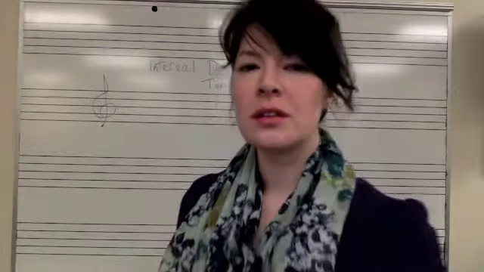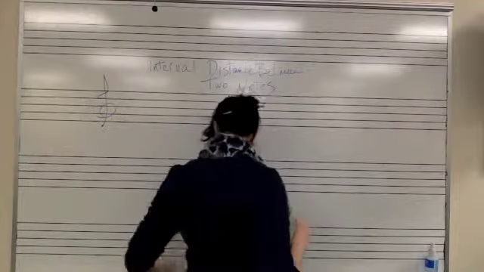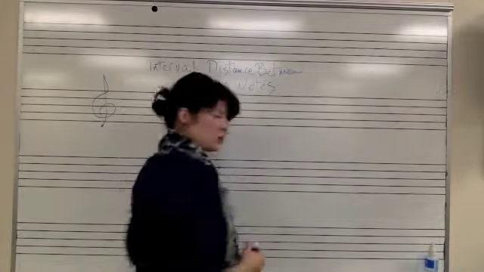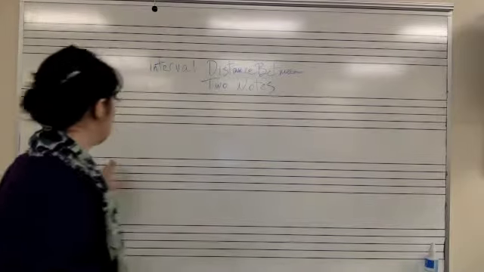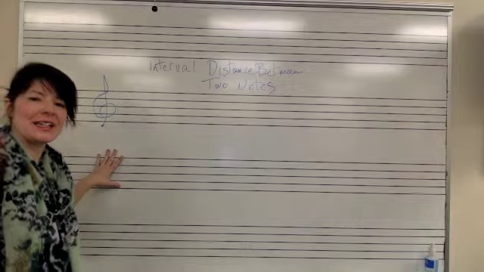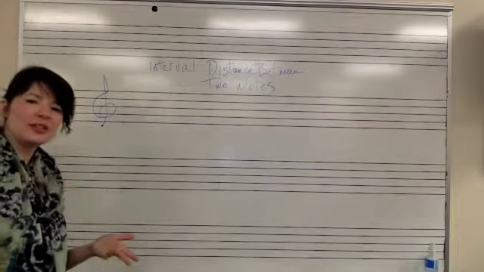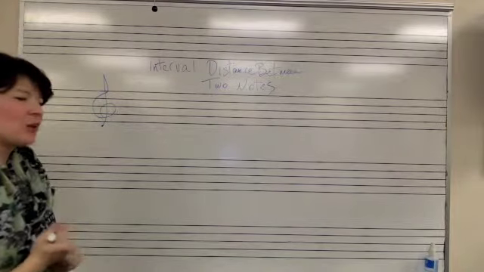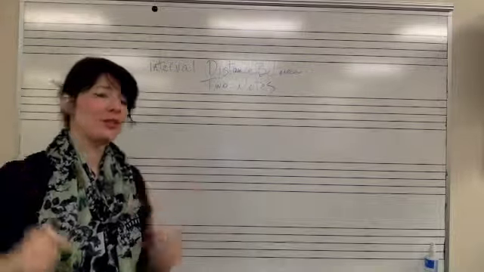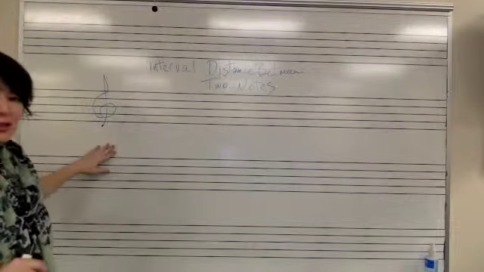Now we can add little descriptors to these notes. We're going to add the chromatic scale. You know what the actual intervals are, and now we're going to add qualifiers to those intervals and do it chromatically.